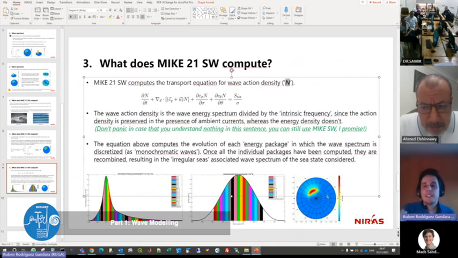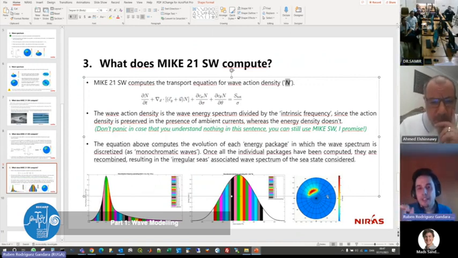Having said this, that letter N is your input spectrum divided by a single number that is calculated by the program. It has to do with the group celerity, which depends on the peak period, and also on whether in your simulation you are applying a current.